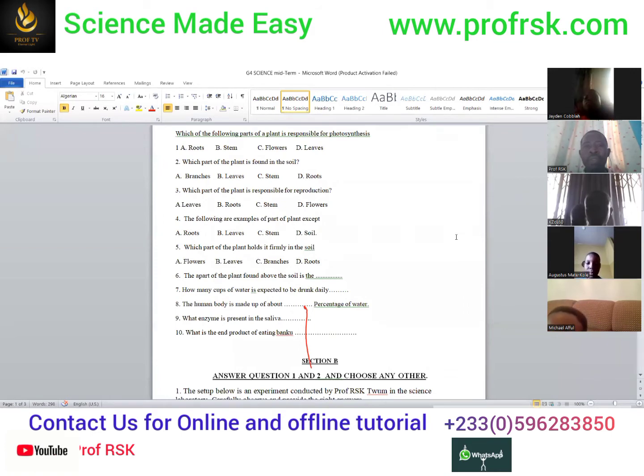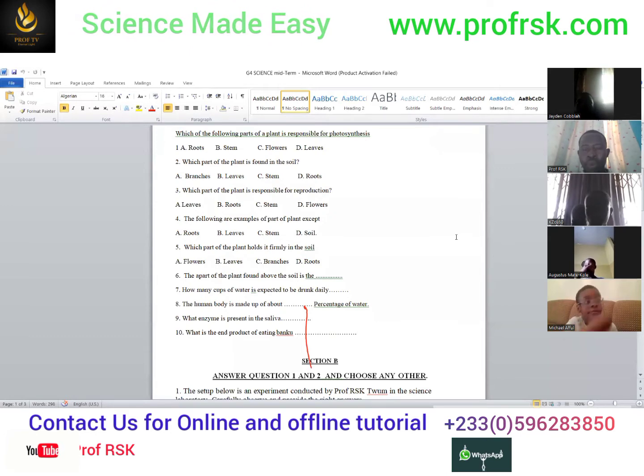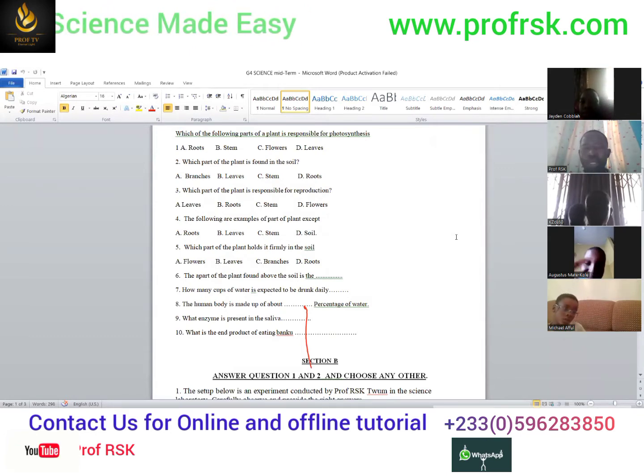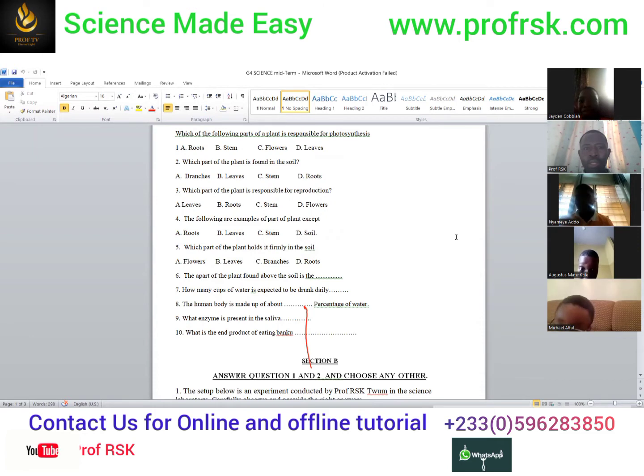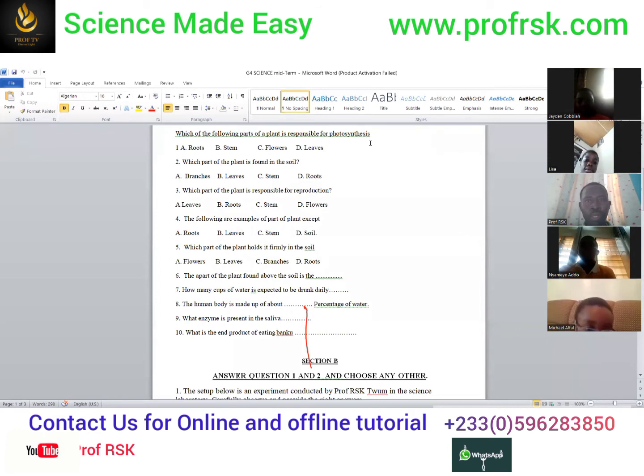When pollination takes place, fertilization occurs. And from fertilization, we get what we call fruit and seeds. So the flowers are responsible for reproduction. That is in simple terms what we are talking about. So thank you very much for that.